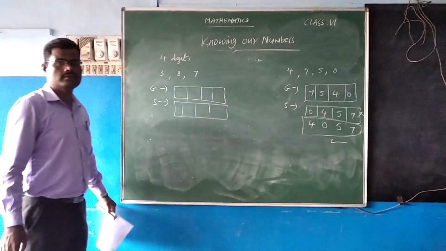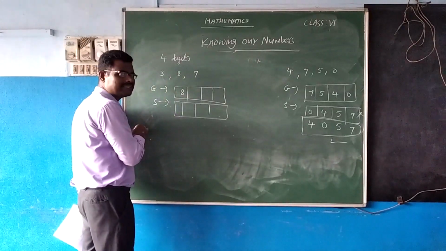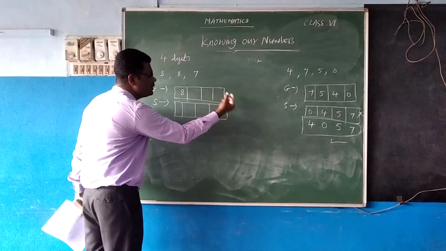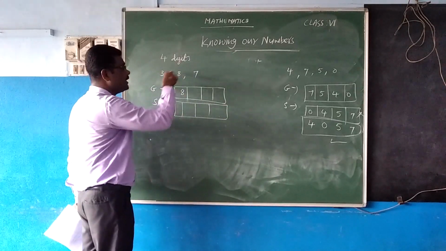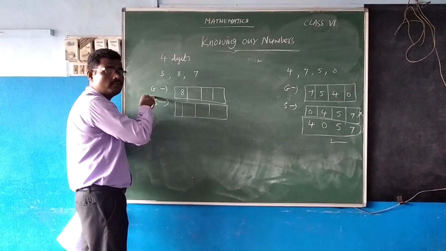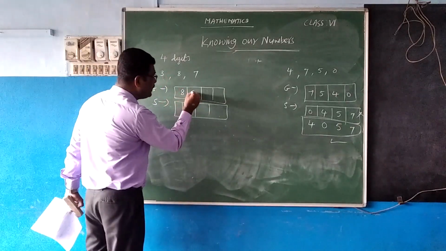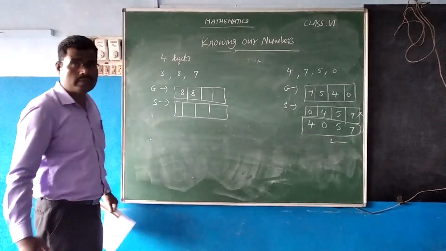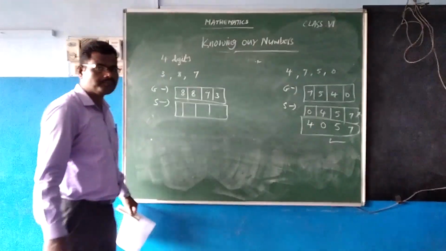How to write? Greatest number is 8. When they ask to find the 4-digit greatest number with 1 digit repeating, you repeat the greater digit 2 times, so 8 7 7 3.